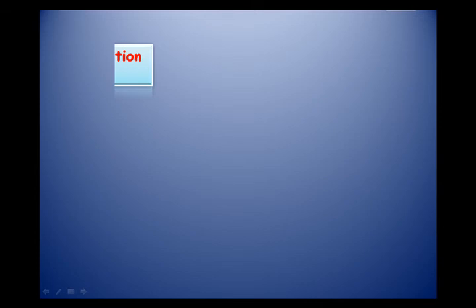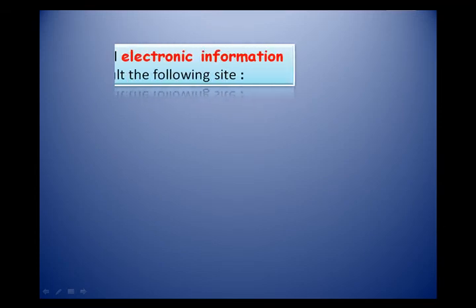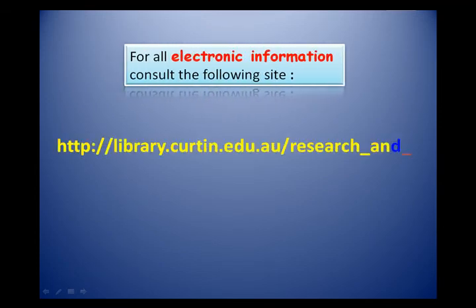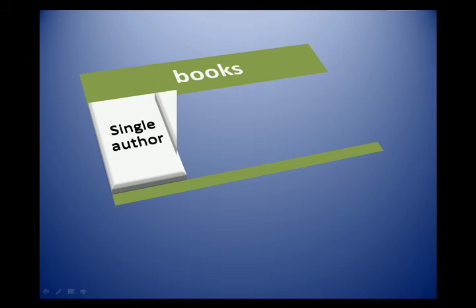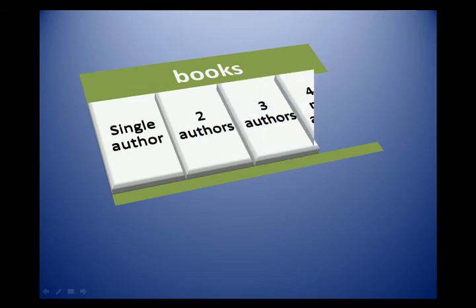Now, you should always consult the library website for the latest information about how to reference electronic information. When referencing books, there can be some small differences depending on the number of authors a book has. So please check the library website for accurate details about this.